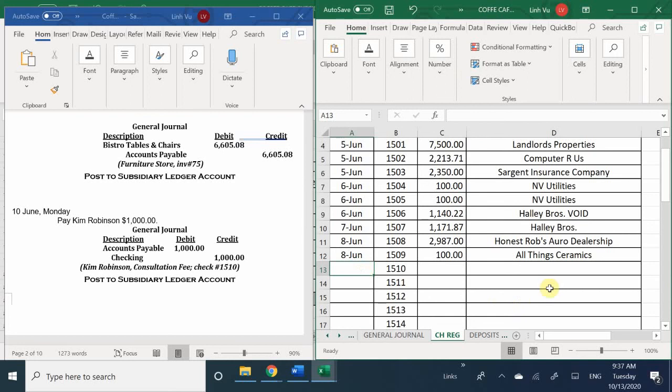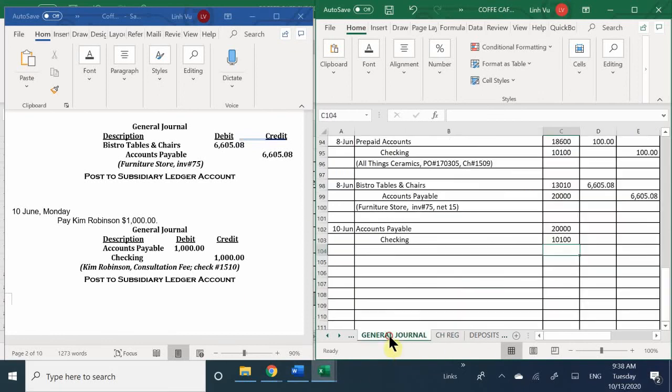Okay. So here, I'm on June 10. I wrote a check for $1,000. Okay? And I wrote to Kim Robinson. Okay? I verified that it's check number 1510.